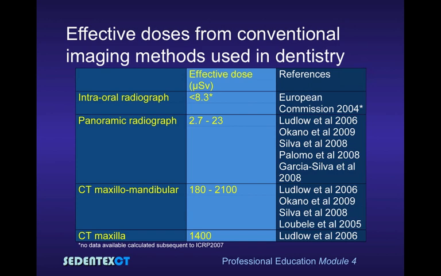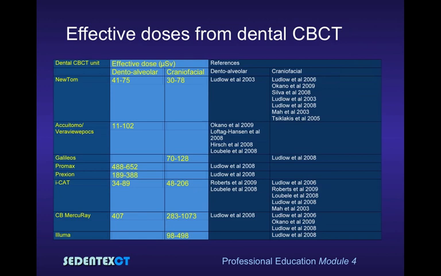Again, you will see some very big ranges in these figures. But nonetheless, it's easy to see that with CT scanning, this is medical CT scanning, not cone beam CT, we see a quite high dose is feasible when performing this procedure. So this puts things into some kind of perspective when we look at cone beam CT effective doses.